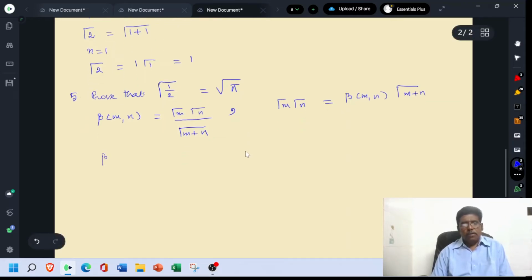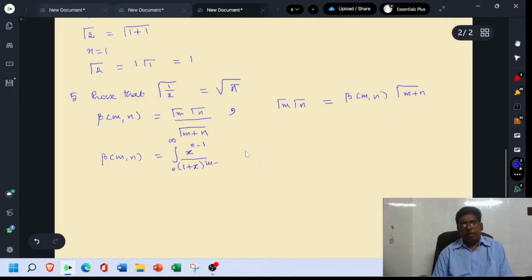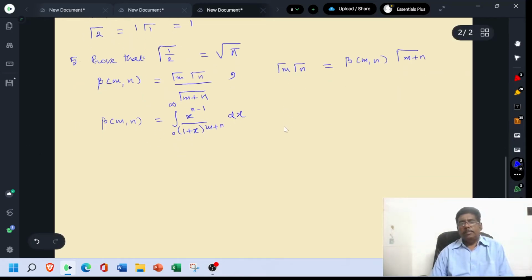But the value of beta of m comma n is equal to the integral from 0 to infinity of x power n minus 1 whole divided by 1 plus x power m plus n into dx. This is the value of beta of m comma n. This is a standard integral.